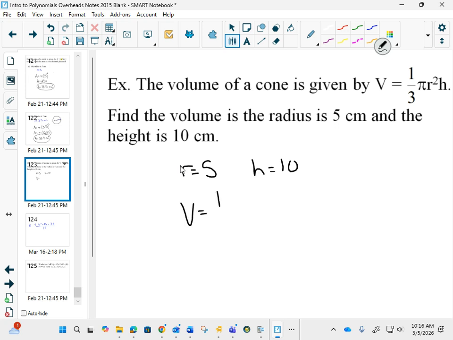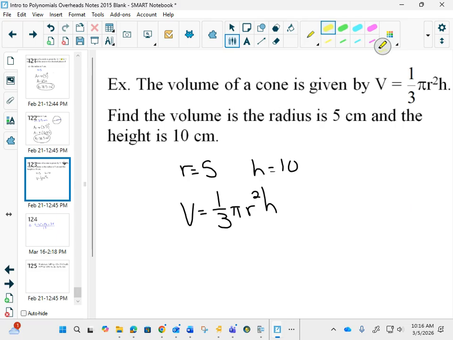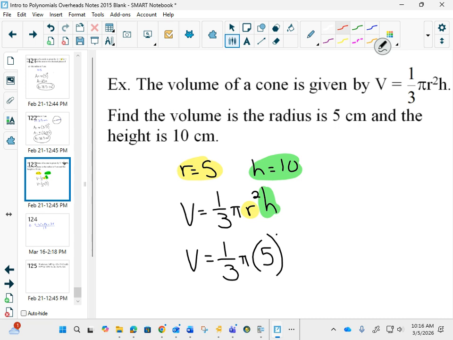So in our formula, I'm going to take out my highlighters here. I can highlight R is 5. That means wherever the R was, I'm going to replace that with brackets with a 5. The H is 10. Wherever I have an H, I'm going to replace that with brackets and put a 10. Still has the square there, right? Then the H, replace it with brackets. Put a 10.